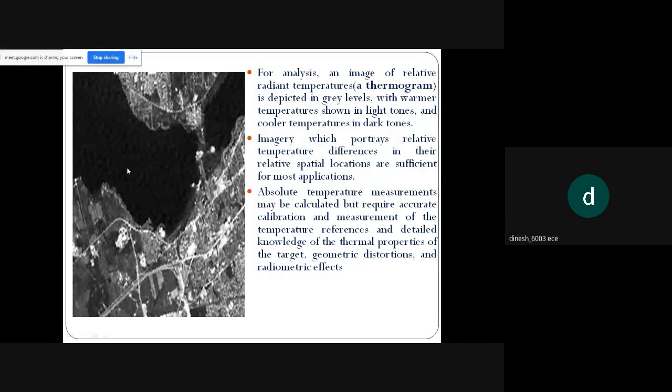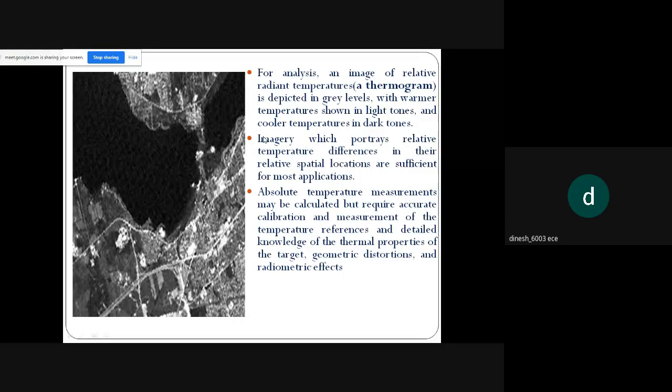So you can see that these dark tones have very cool temperature in these places. In places where we have light tones or brightish colors, there is warmer or higher temperature. So with this we can find how much temperature is present, or how much temperature that object radiates.